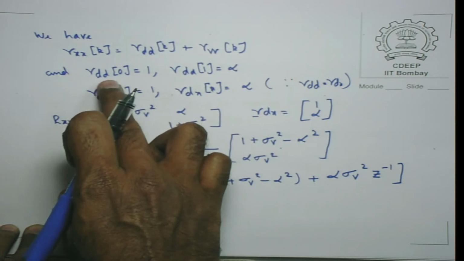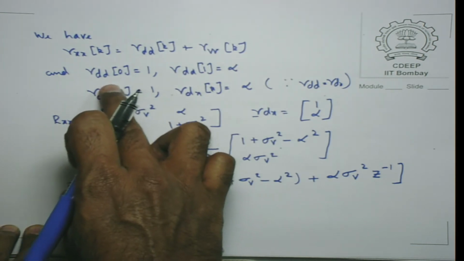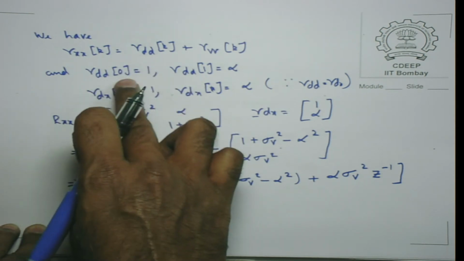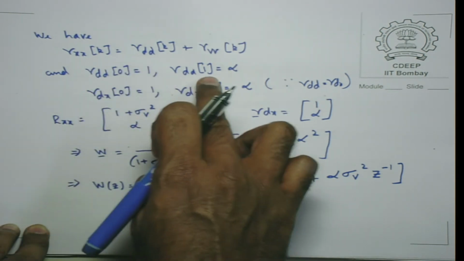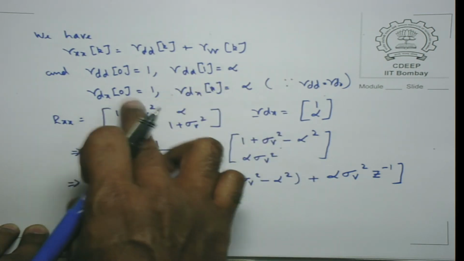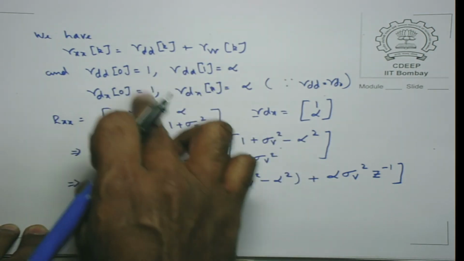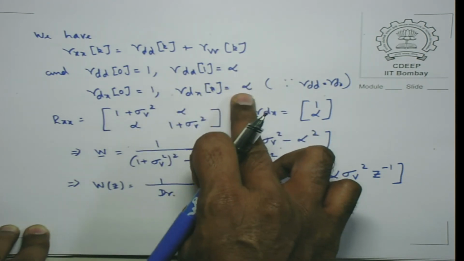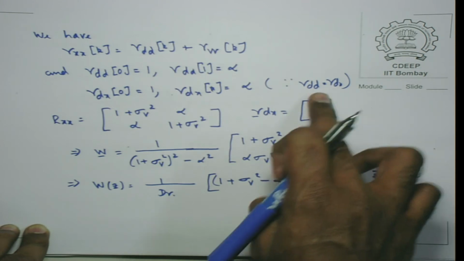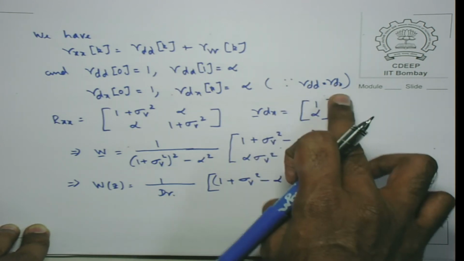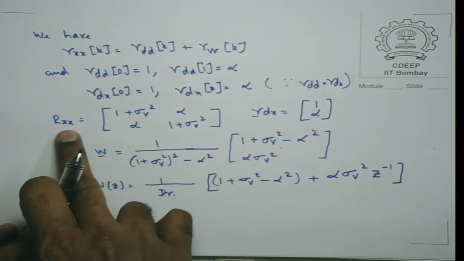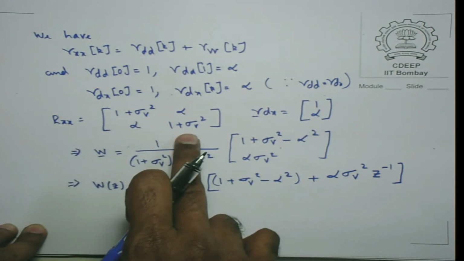Similarly, assume that the desired signal has unit variance, then RDD0 is this and RDD1 is alpha. And RDX, the cross term, is the same as RDD, as we derived in the previous example, given that D and V are uncorrelated.